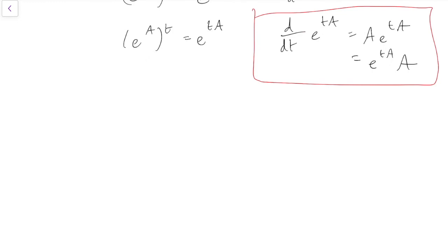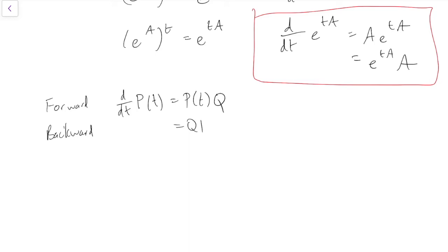But if we look at what we've just written here, let's go back to what we were saying about the forward and backward equations. The forward was that d by dt P of t equals P of t times Q, and the backward was equal to Q times P of t.